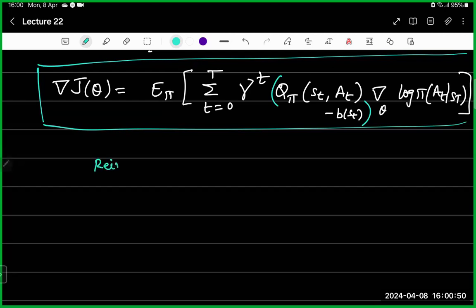To get REINFORCE, you take b equal to 0, so you don't have any baseline, and what else? Instead of q pi of S_t, A_t, you just use G_t, because expected G_t given S_t, A_t is nothing but q pi of S_t, A_t, right?